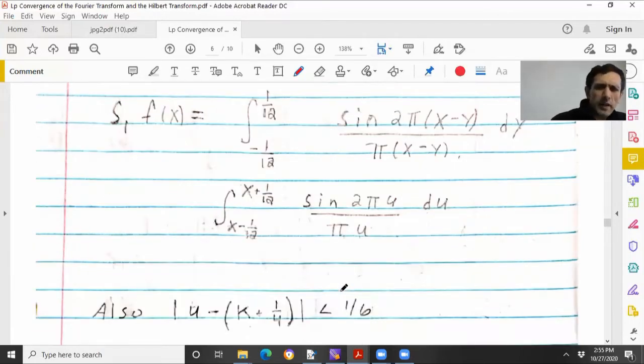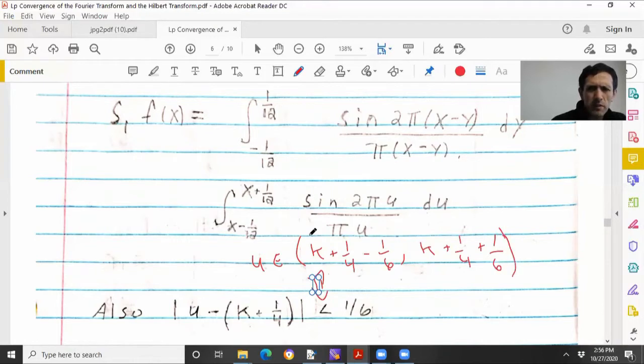Okay, so let's do that. Let's look at u minus (k plus 1/4), for k a positive integer. Let's look at that absolute value is less than 1/6. This is obviously true if and only if u is in this interval here, k plus 1/4 minus 1/6, k plus 1/4 plus 1/6.